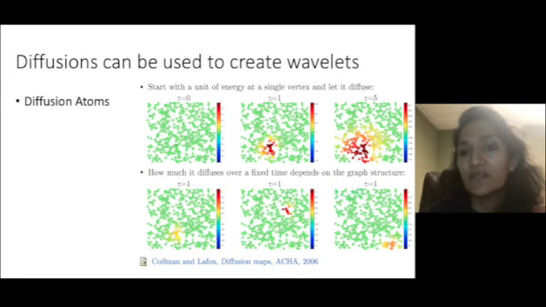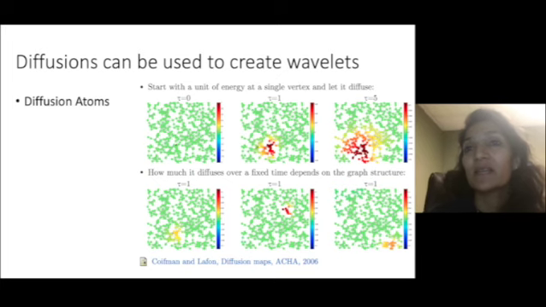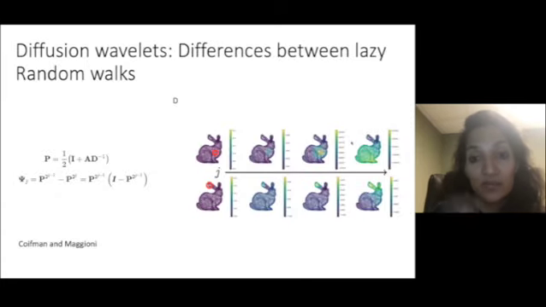And as you diffuse that signal, meaning as you apply the diffusion operator to that signal, it will spread out, sort of like wavelet dilation. So with this understanding you can create oscillatory wavelet forms by taking the difference between two dyadic scales of diffusion of a signal.